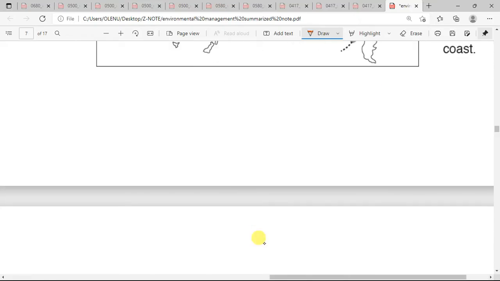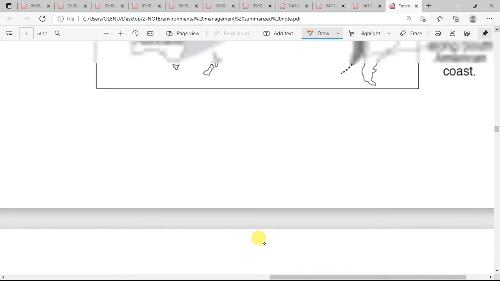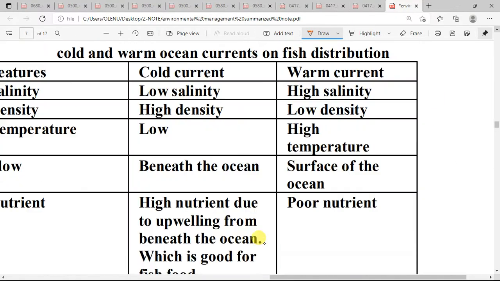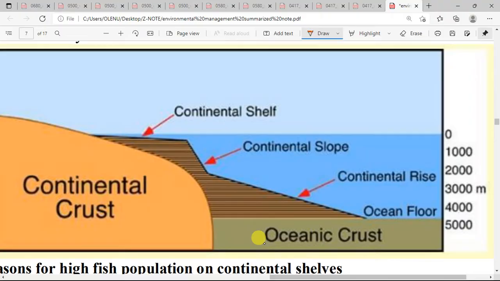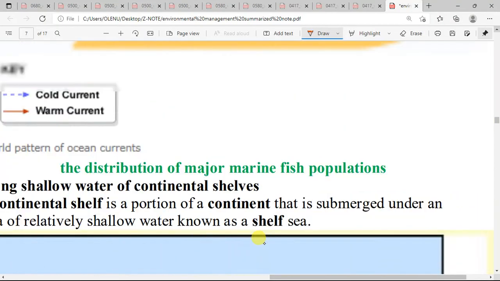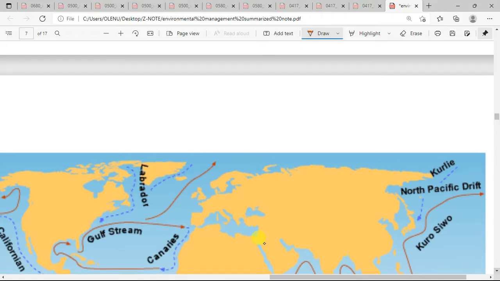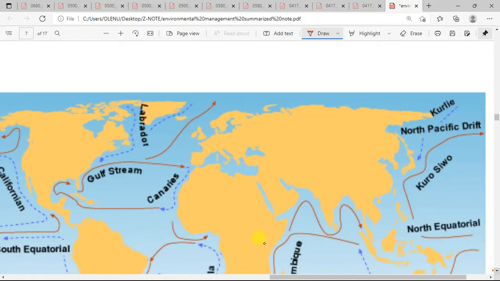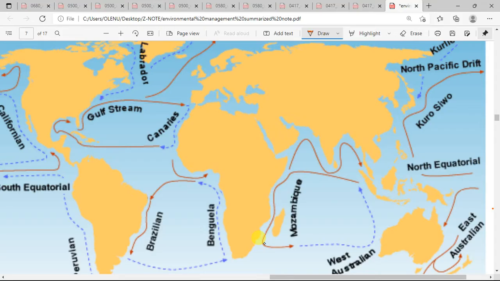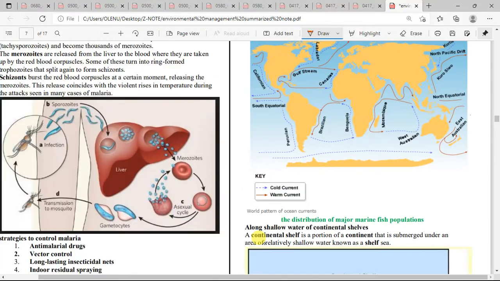So quickly, let's look at a world map that displays the different ocean currents. This is a world map. I'll explain a series of criteria that will help you identify the difference between a warm current and a cold current.